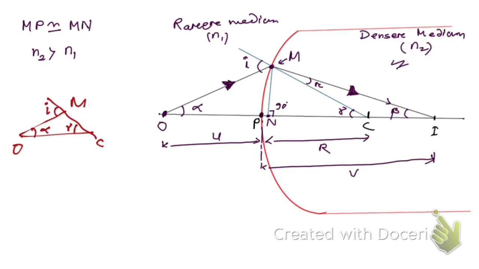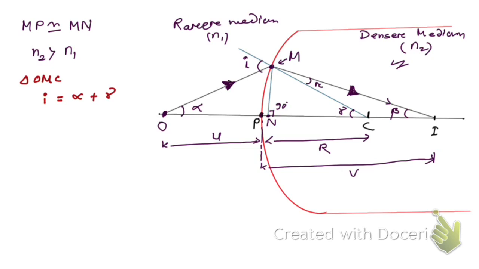We know that the exterior angle of a triangle is equal to the sum of the two remote interior angles, or opposite interior angles. So from triangle OMC, we can write that I is equal to alpha plus gamma, right?